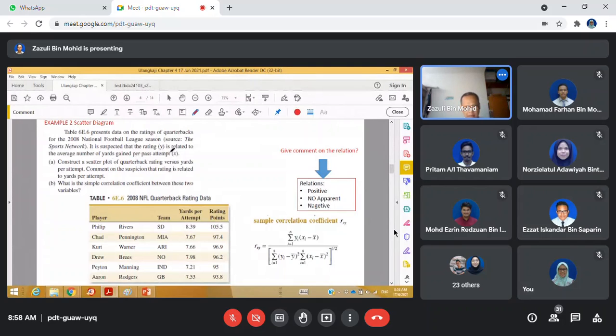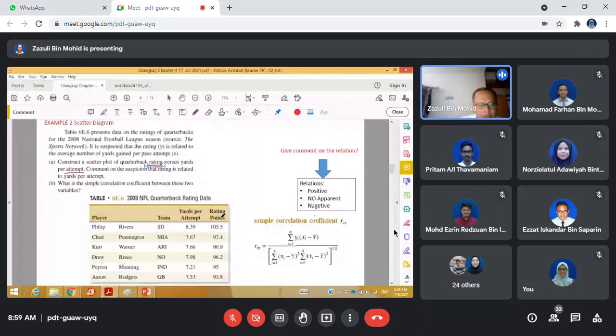Okay, and then construct a scatter plot of quarterback rating versus yards per attempt. So the question here is, you have to draw the rating against the attempt.